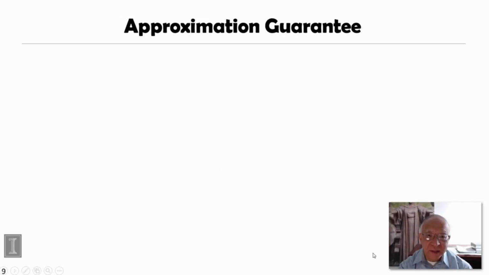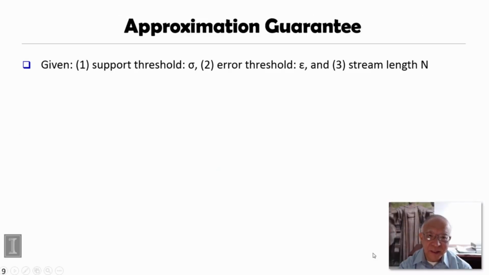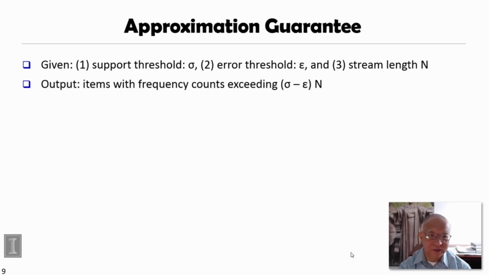Then if finally we want to output the frequent patterns, the interesting thing is whether we will be able to output all the frequent patterns if they are frequent in these data streams, but maybe we have some reduced count. Suppose the support threshold is sigma, the error threshold is epsilon, and the stream length is n so far.